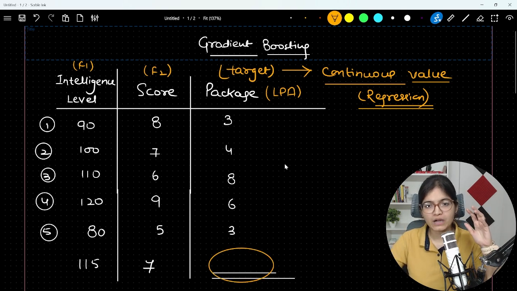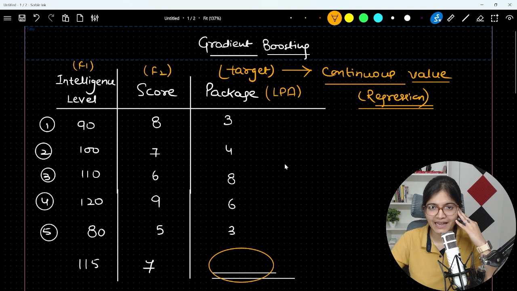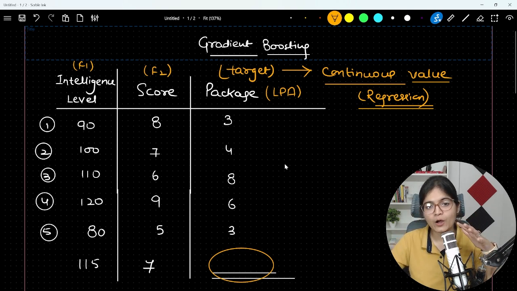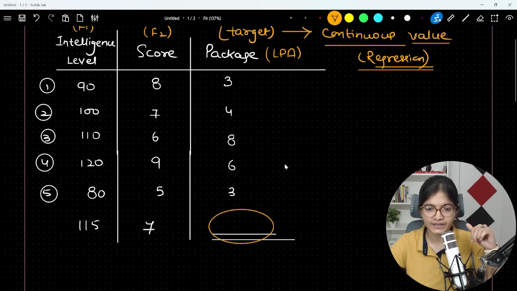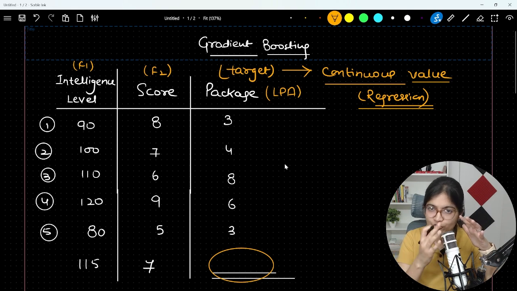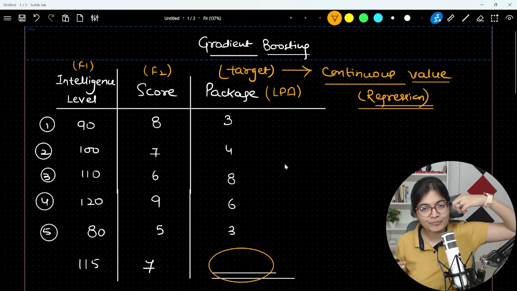I hope that before coming to this session on mathematical intuition, you have already covered my previous session where we saw the complete mathematical idea of the AdaBoost algorithm. In any of these boosting algorithms, you will observe that sequential learning is going on. Here also, if I have three models coming together, all three first give me some result.